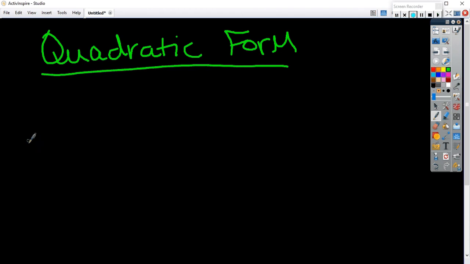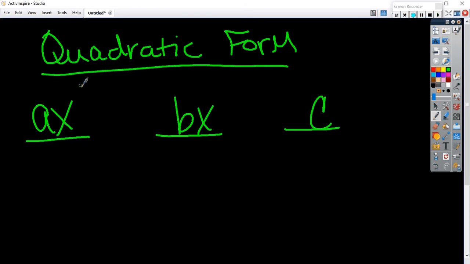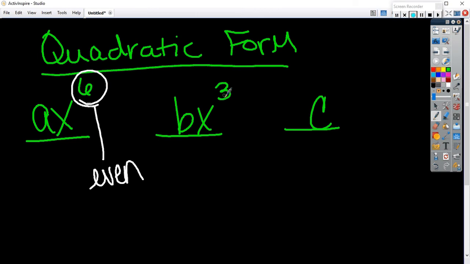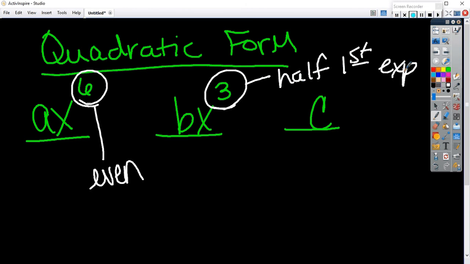Quadratic form means I have 3 terms, okay? I'm going to call this ax to the, this exponent here, if this is an even number, and the exponent in the middle is half of the first exponent, okay?